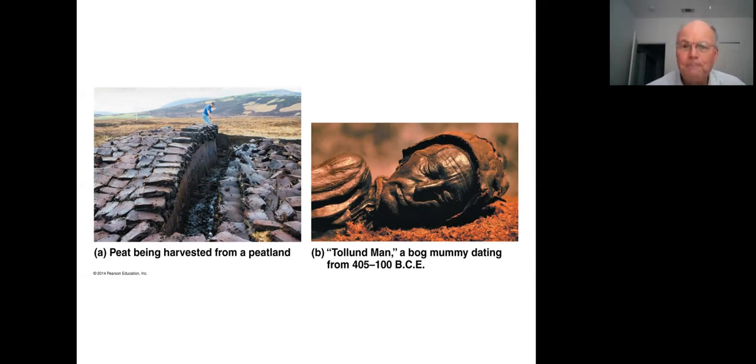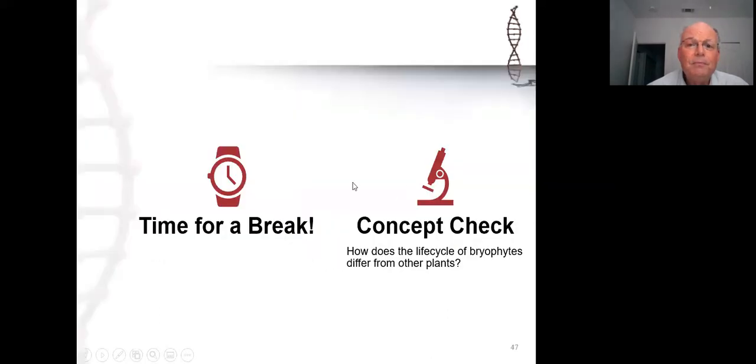Literally, it's been turned to leather because of the presence of materials in the plant material called tannic acids. And those tannic acids are the original tanning agents that people use to turn animal skin into leather. When an individual falls into a similar sort of solution, their skin gets tanned as well. It gets turned into leather. And so this individual has been perfectly preserved as a consequence of this.